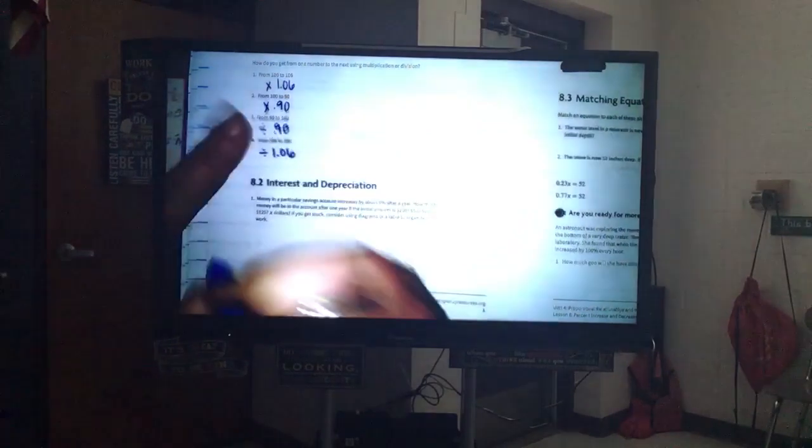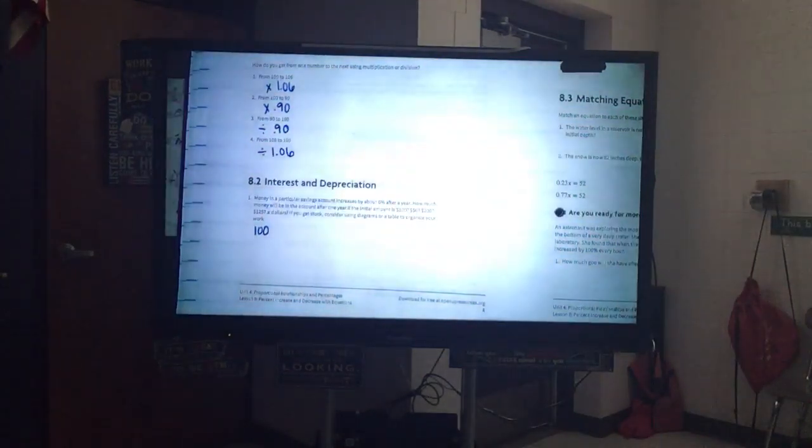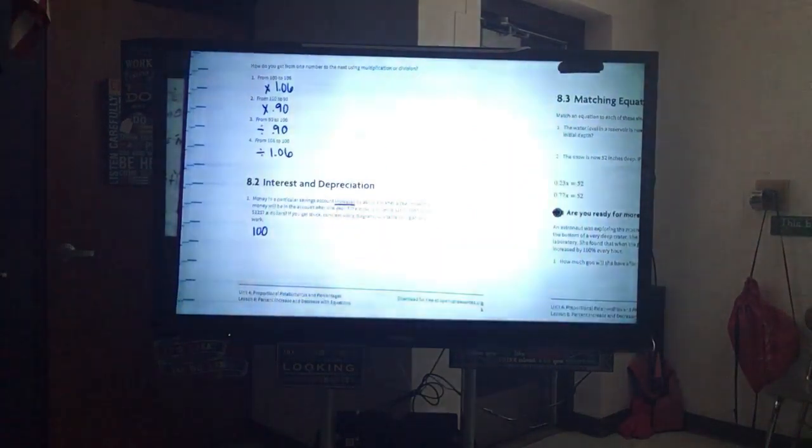So when you're finding 100, what do you think you're gonna do? If it increases, this is a key word, what do you think we're doing? Stop calling out, first of all, that'd be fantastic. Divide. Why? Because from 90 to 100, we divided, and that's increasing.